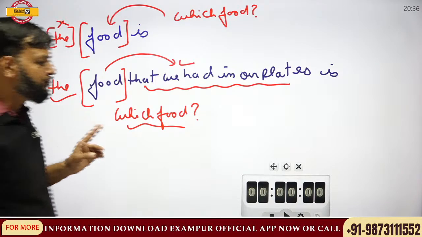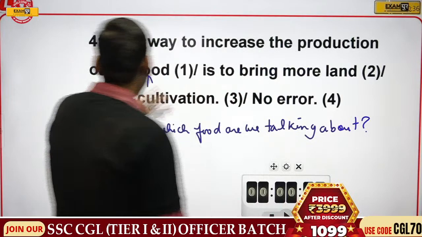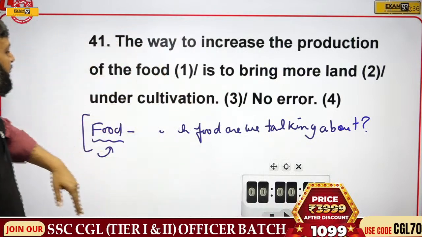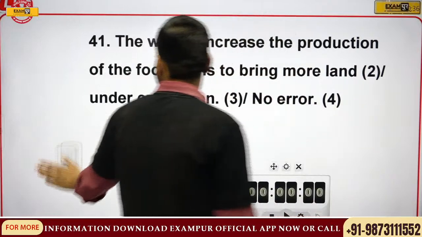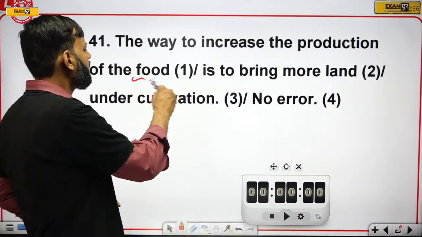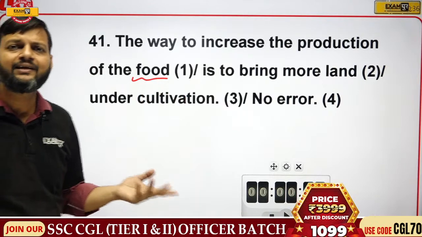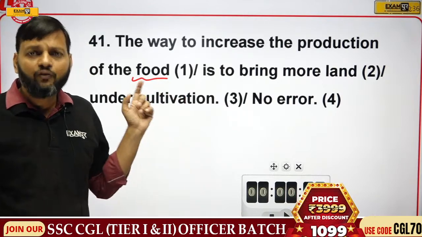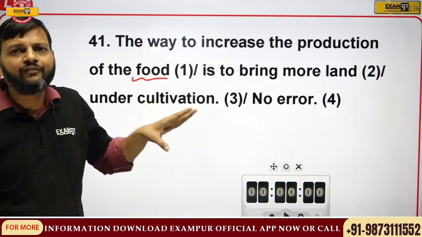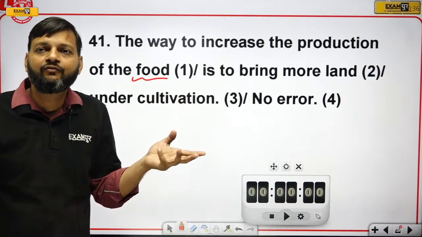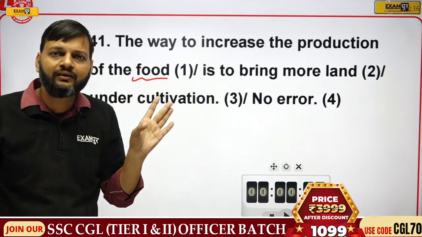So as you can see, here we do not have any additional information. Which food are we talking about? No information, no detail is there. It means the word food is not specific, it is random. We are talking about any sort of food.